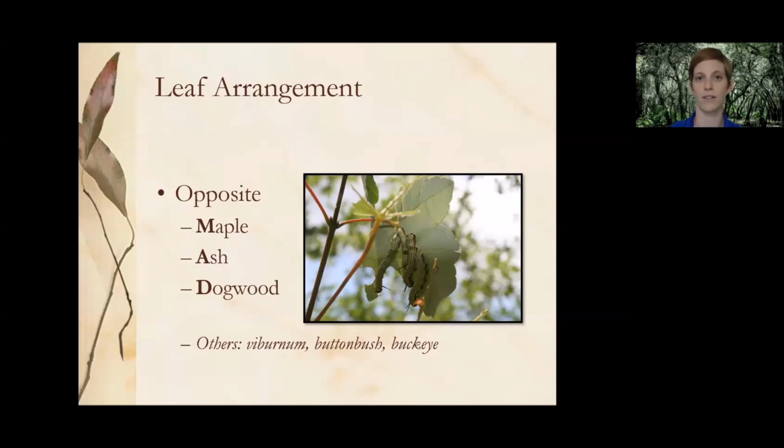Most of what we have here is red maple. There's some other species as you get up into North Florida. Ash, we have a few species of ash here. Green ash is probably the most common. And then dogwood, we don't really have the flowering dogwood here, but we do have swamp dogwood. So you can remember MAD if you see opposite, and then go from there.